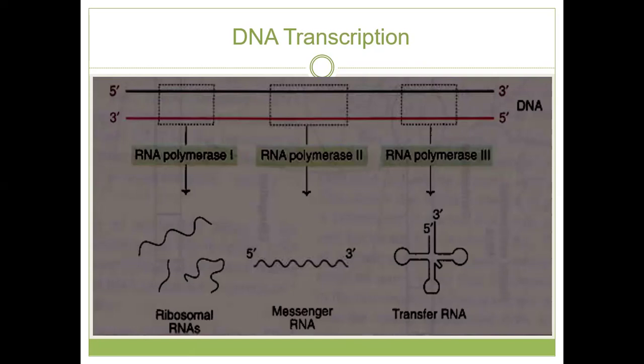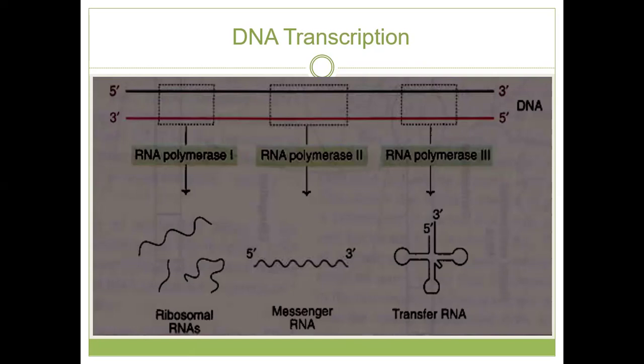So, as I was saying, in DNA transcription, information is transferred from the DNA to RNA. Depending on the information, if it is needed for the synthesis of a protein, then a messenger RNA is produced, and that process is catalyzed by RNA polymerase II.